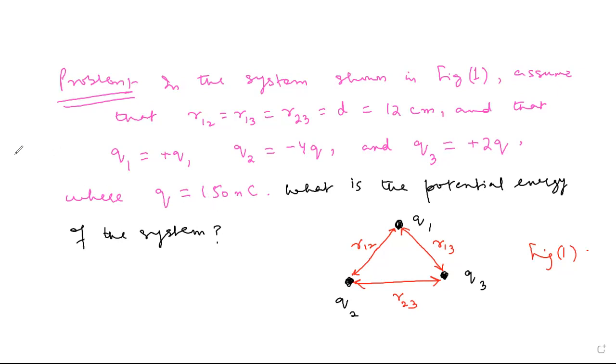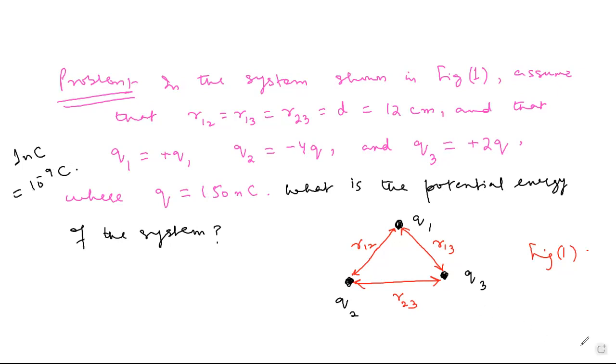Remember, 1 nanocoulomb is 10 raised power minus 9 coulomb. Now we have to find the potential energy. Of course, it is the electric potential energy of this system of charges.